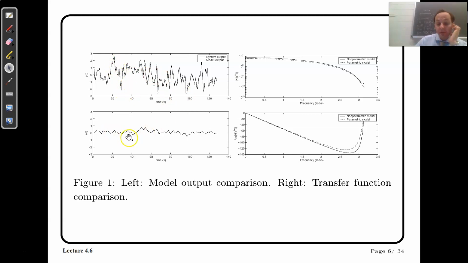And the error, you can see here that the order of magnitude of your error is about 1, so the prediction is not very good, and the error says that the model is not so good. And in fact, if you compare the frequency response, you can see here that they are quite different. So as far as I could conclude from these plots, the model is not so good, let's say.